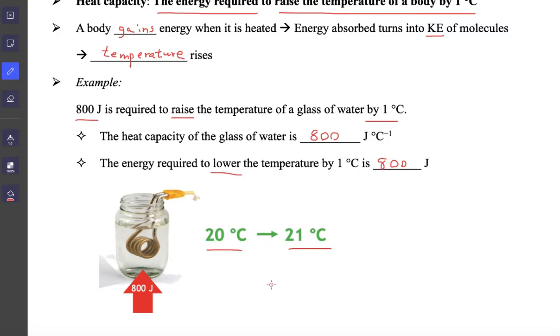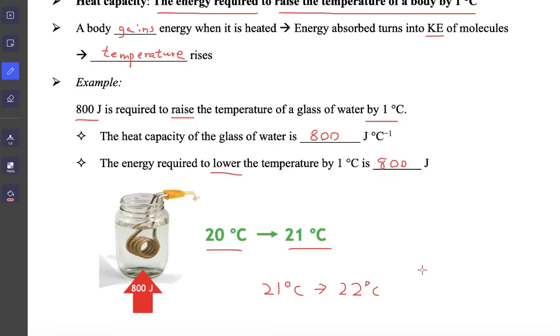Let's think more. If this time we want to increase the temperature of the glass of water from 21 degrees Celsius to 22 degrees Celsius, how much energy is required? Actually, it's just the same. It's also 800 joule.